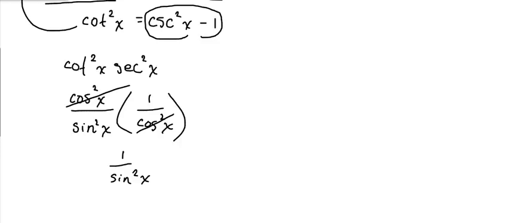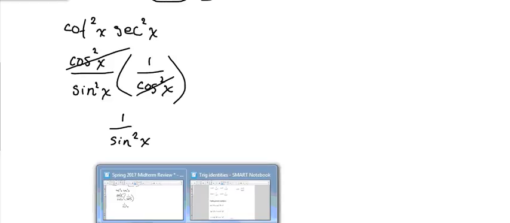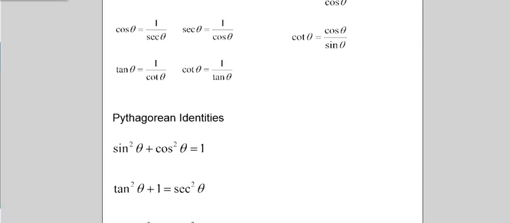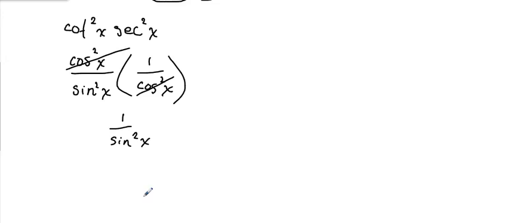Now, you may be thinking at this point that you're done, but this will not be one of your answer choices. The reason is you can't leave this as a reciprocal. This has a 1 on top, so it's a reciprocal. So if we go to our reciprocal identities, we know that 1 over sine is cosecant, so 1 over sine squared is cosecant squared, and this will be your answer choice on the midterm.